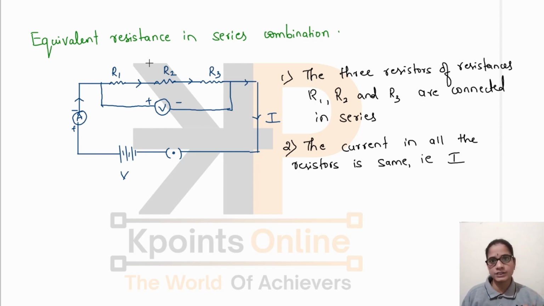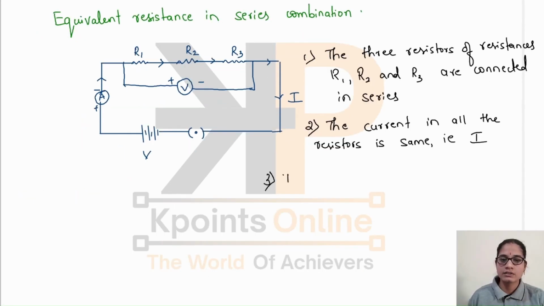Then it is found that the total voltage across all these resistors is equal to the sum of individual voltages of each resistor. If V1 is the voltage across R1, V2 is the voltage across R2 and V3 is the voltage across R3, the total voltage across all these resistors is equal to the sum of the individual voltages across each resistor. That is, V is equal to V1 plus V2 plus V3.